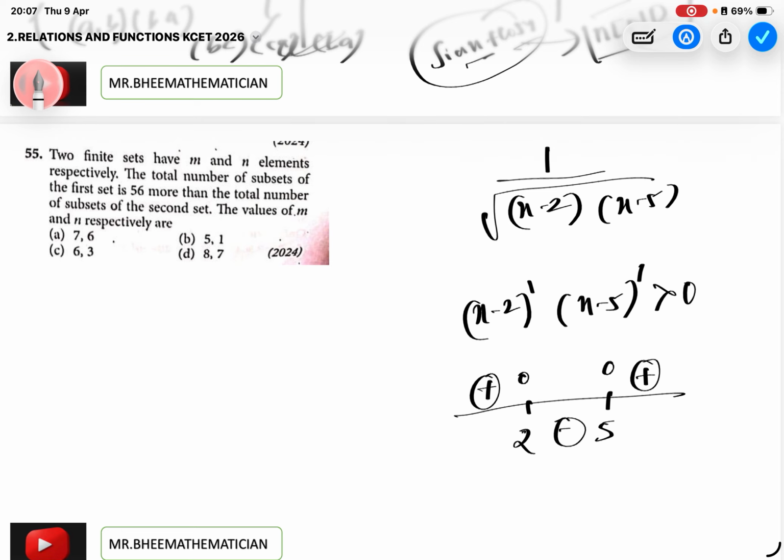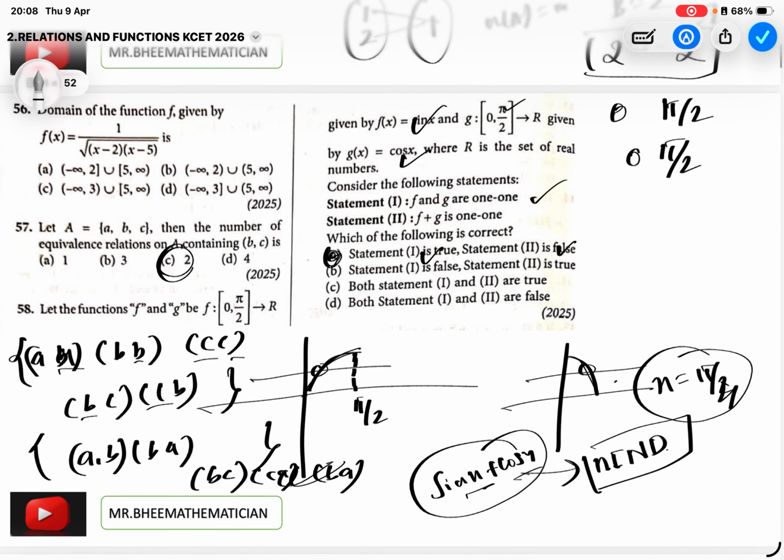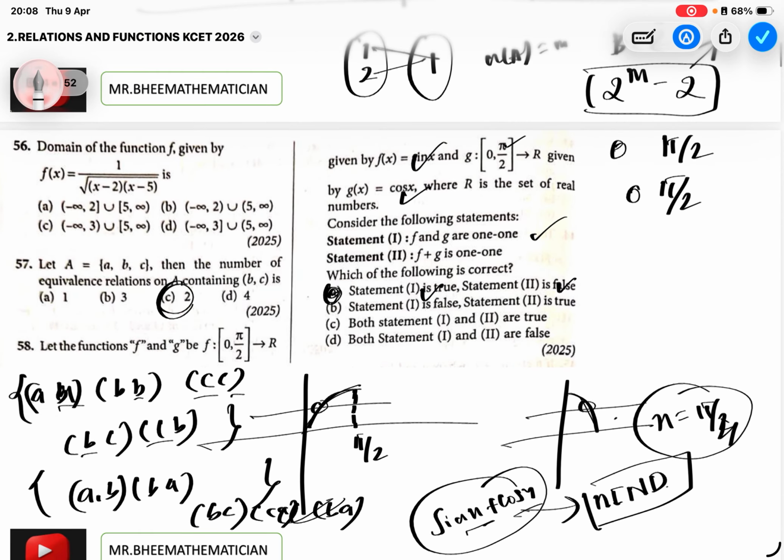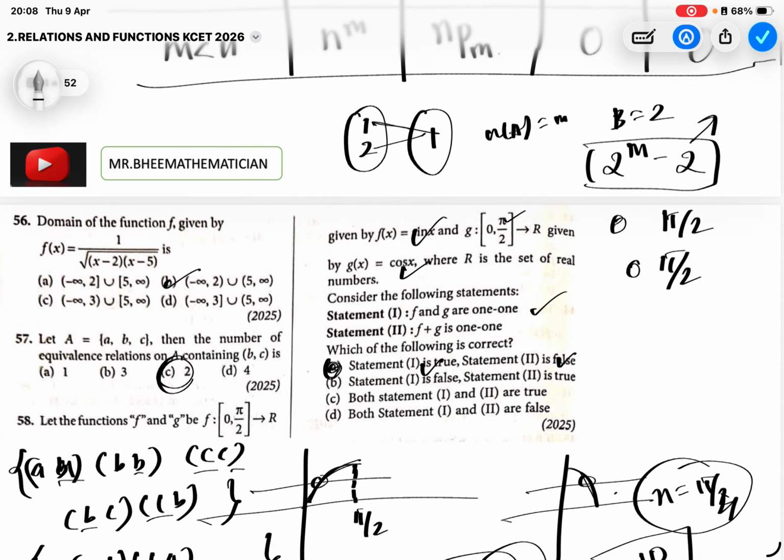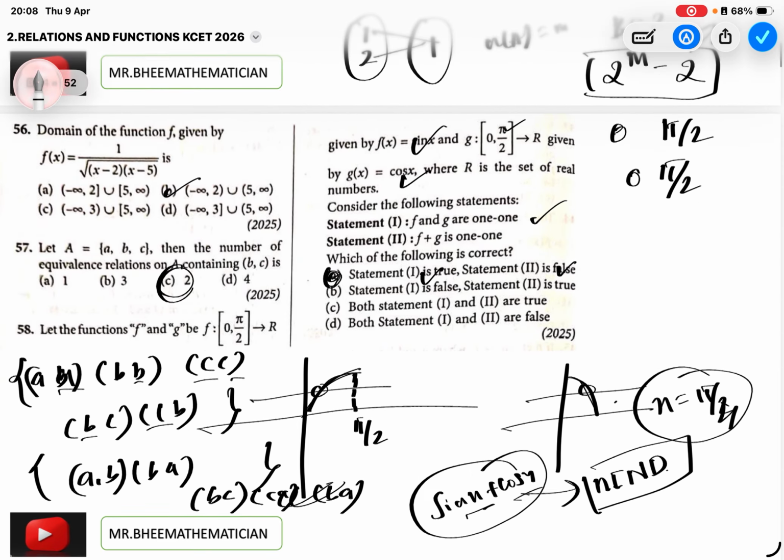I hope you watched the wavy curve method. Greater than means only the positive intervals: minus infinity to 2 union 5 to infinity. Both are open, because it is an open interval. Option B is correct.